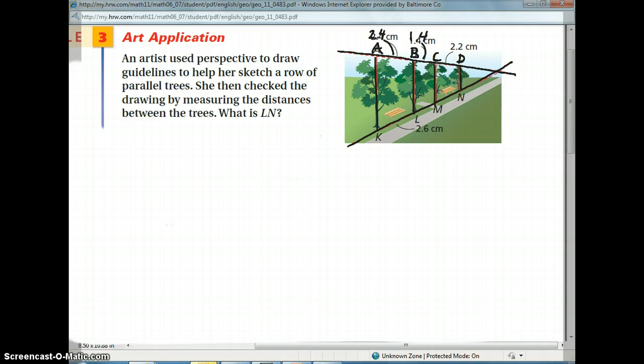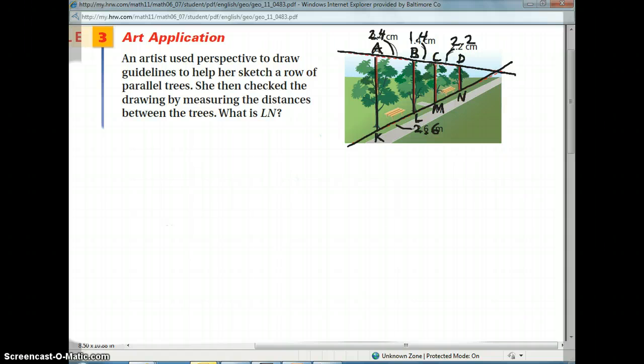I know it looks messy now, but as soon as I erase everything, it'll look fine. And we know that this is 2.6, and we have K, L, M, and N. And I think that's every bit of information that I need.